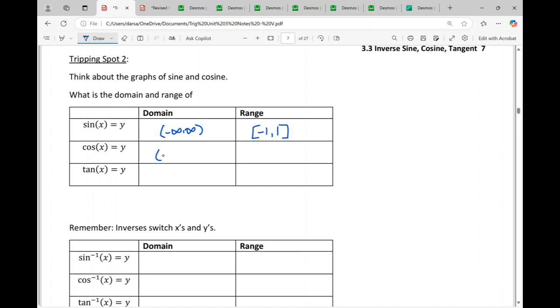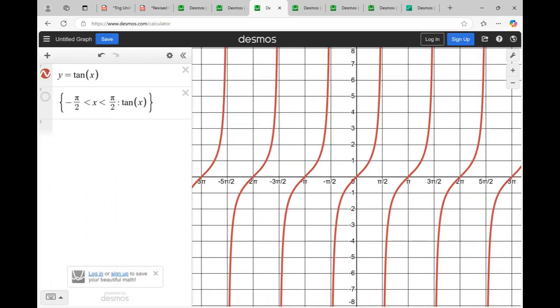We get basically the same thing from a cosine graph, because remember, cosine is just a sine graph that's shifted around a little bit. Now, tangent is a whole different ball of wax. Here is a tangent graph. You can see the domain has a whole bunch of asymptotes in it at multiples of pi over 2, so the domain of this thing is crazy.